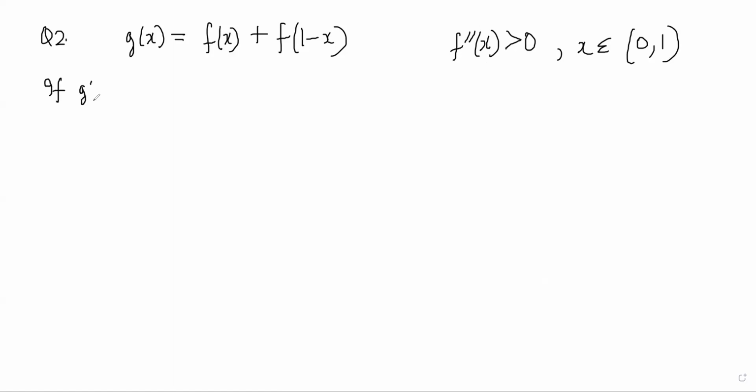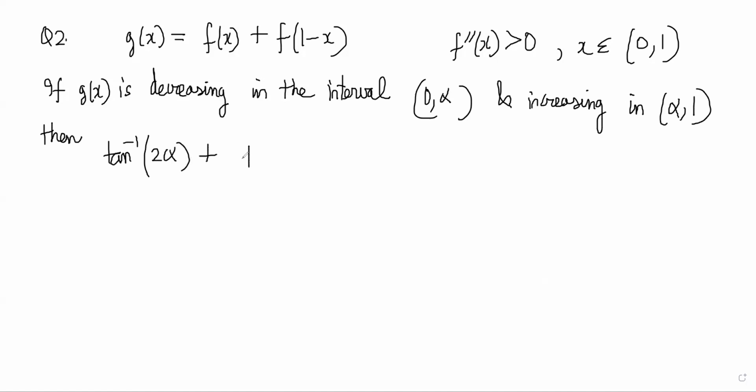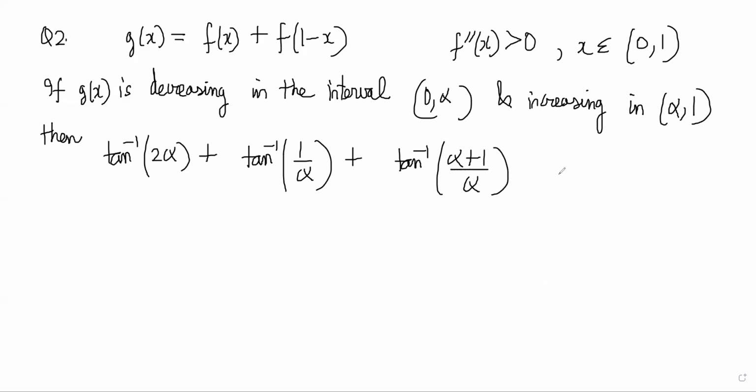If g of x is decreasing in the interval 0 to alpha and increasing in the interval alpha to 1, then you have to find tan inverse 2 alpha plus tan inverse 1 by alpha plus tan inverse alpha plus 1 by alpha. Find the value of this.